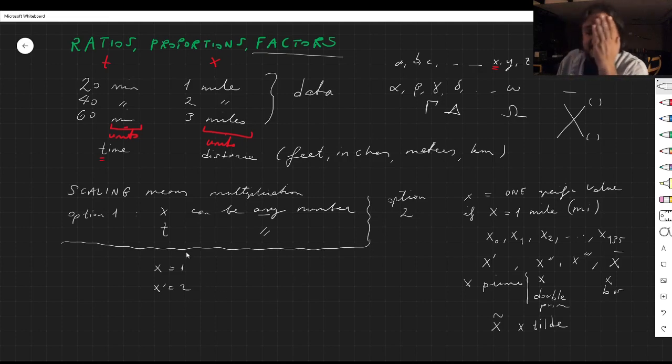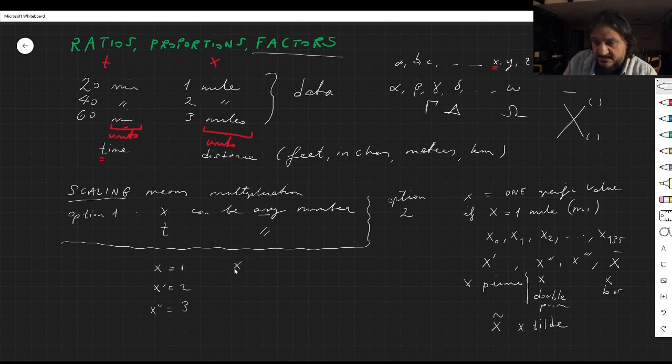So every letter I use here, every symbol, okay, corresponds to a different data point. And then let's use double prime 2. X double prime is 3. Now going from one to another is what I was trying to explain earlier, the scaling, okay?